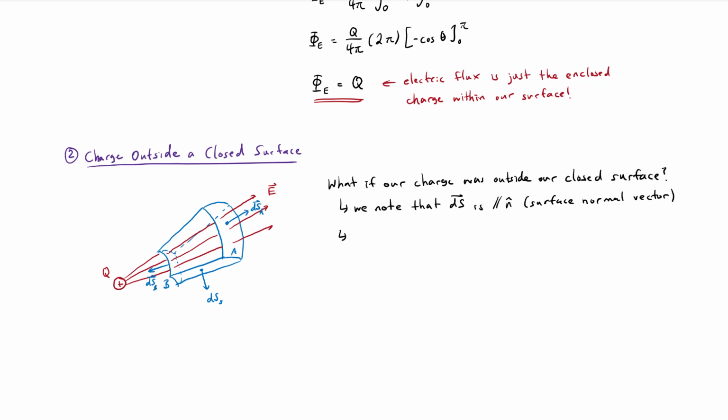The 4 faces or sides have an electric flux of something. So why don't we take a look? On the sides, the electric field lines are going to just be perpendicular to the dS.